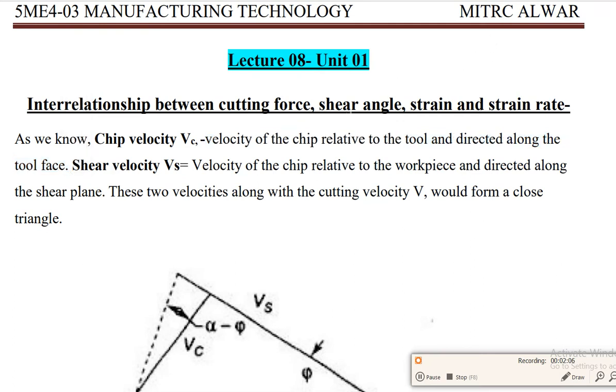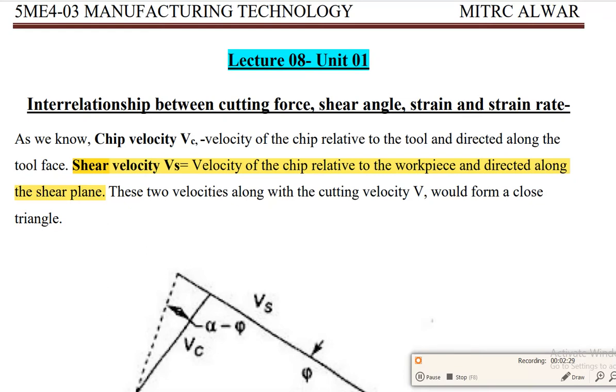Now we see that velocity Vs is the velocity of the chip relative to the workpiece, directed along the shear plane, and these two velocities along with the cutting velocity form a closed triangle.